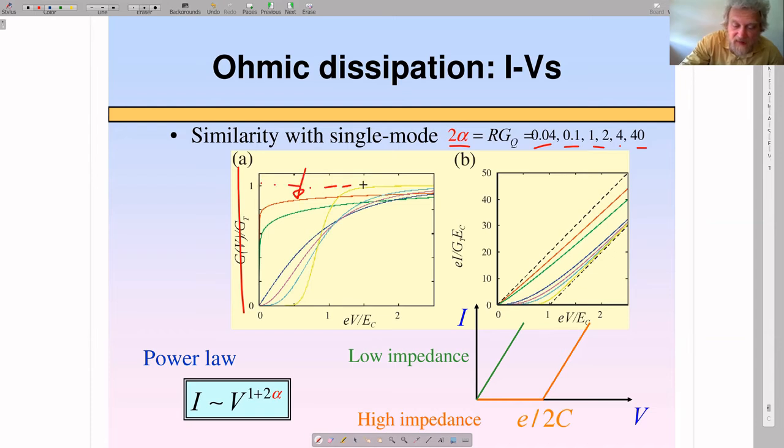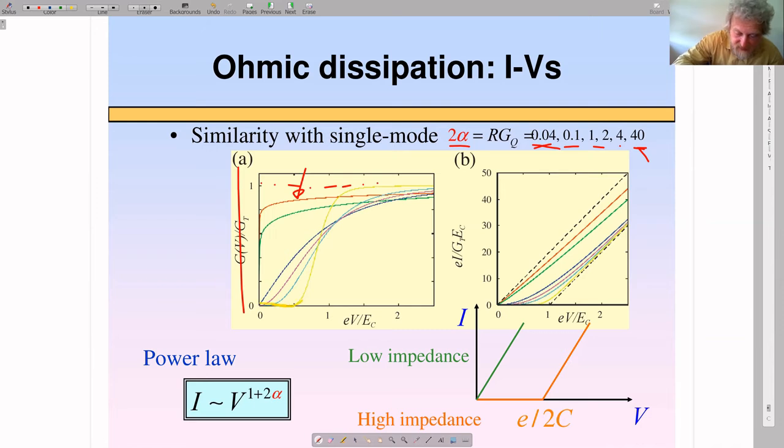when conductance deviates from 1, but not very significantly, to the case of very large resistance. I'm talking about low resistance for the red curve, large resistance for the yellow curve. Yeah, here it is.